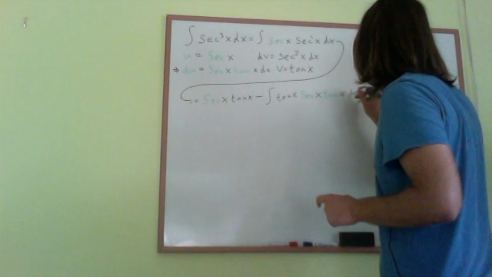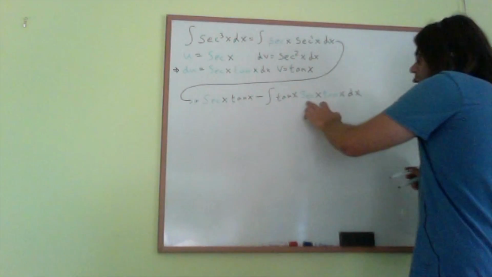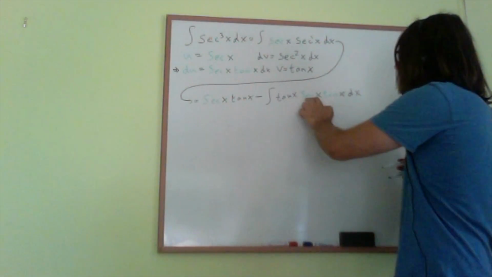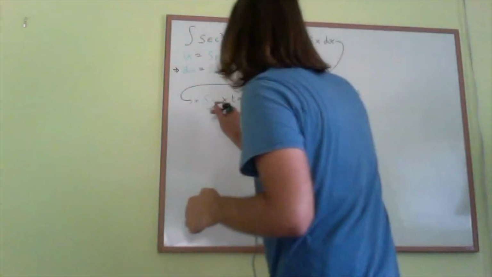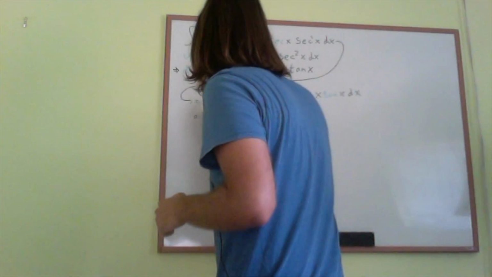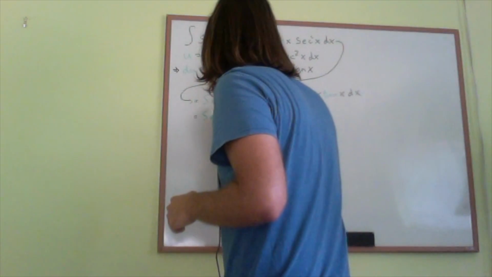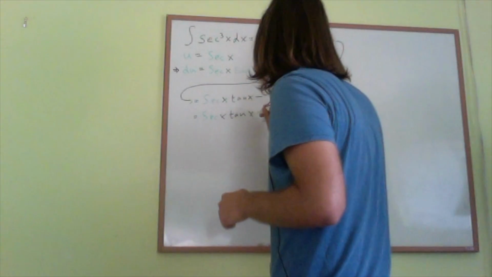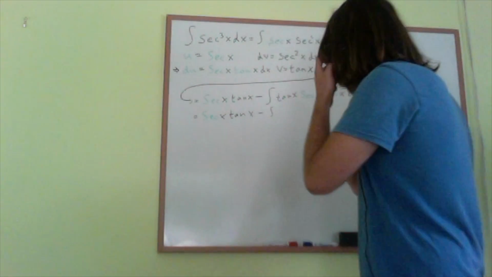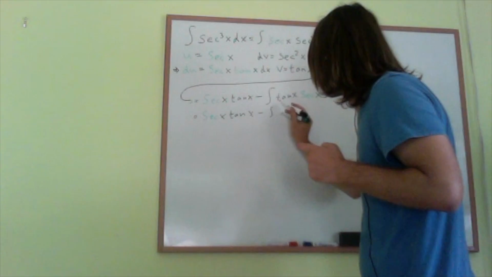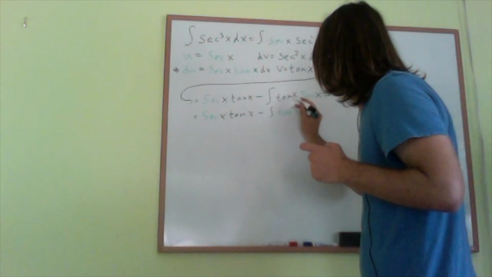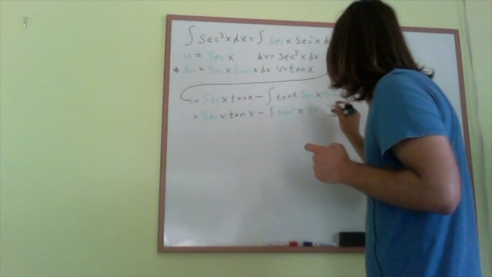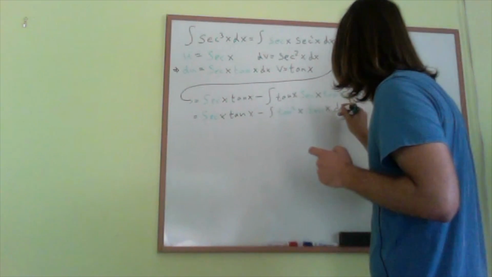Let's go ahead and simplify. Tangent x, secant x, tangent x, that of course becomes tangent squared x, secant x. And then we have tangent squared x secant x dx.